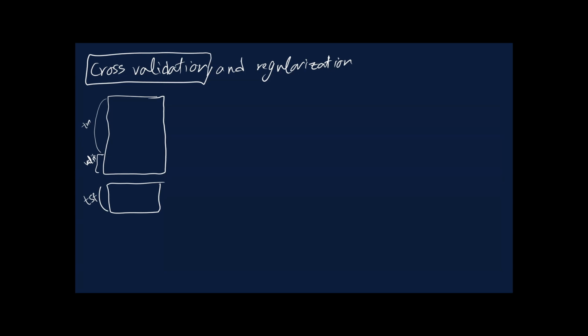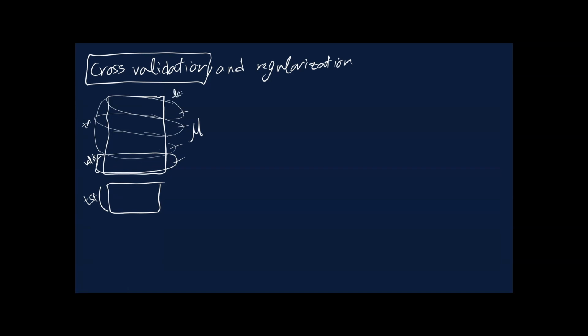Then we said we can change the position of this validation set. So it could be at the end, it could be here, it could be there, and so on. We change the position of the validation set and use the remaining parts of the data for training, such that if we are splitting our data into 5 folds, then we would have 5 accuracies, and then we can take the average of that.